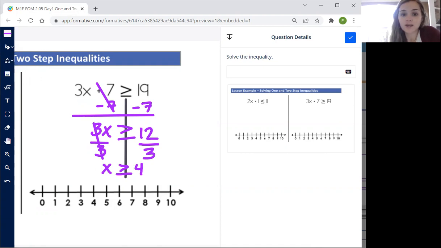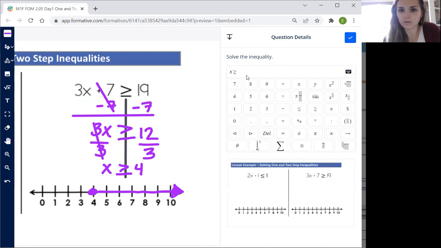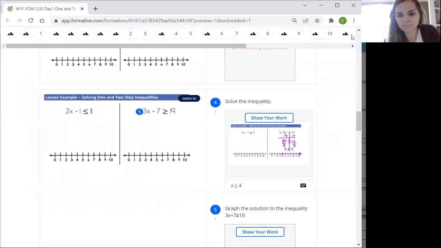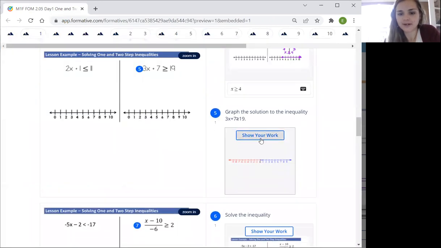So this time we have an equal to sign, so we want a closed dot at 4 and shade towards the arrow of your inequality. Okay, and then in the box, you're going to put x, and then you're going to have to use the keyboard to find the greater than or equal to sign. You can use 4. And you can put your graph there as well.